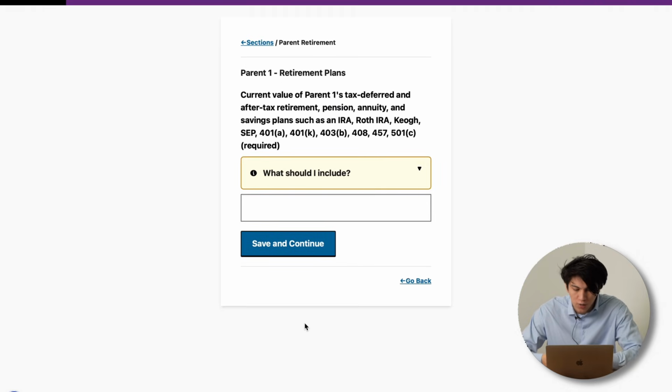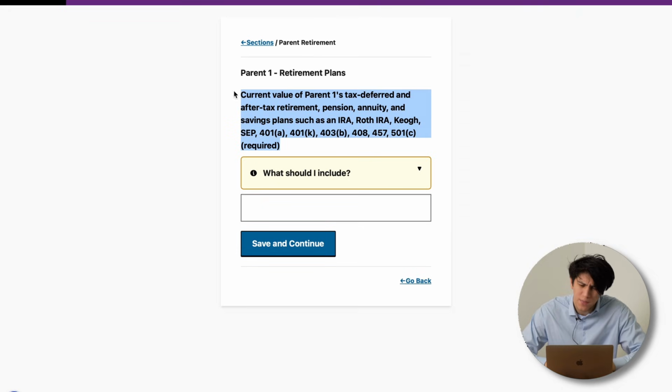Okay, so let's go. They're asking the value of parent one's tax-deferred and after-tax retirement pension, annuity, savings plans such as IRA, 401k, SEP.